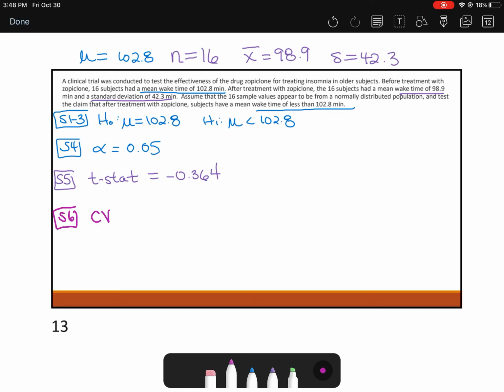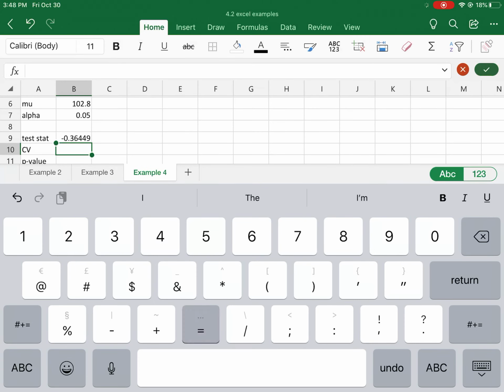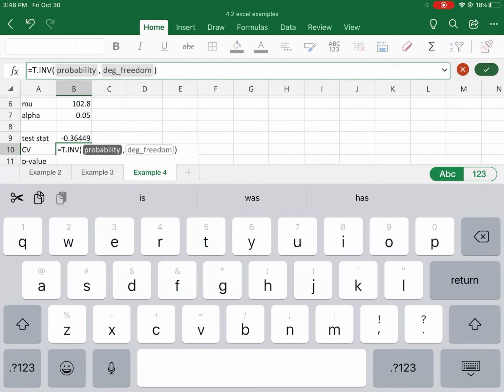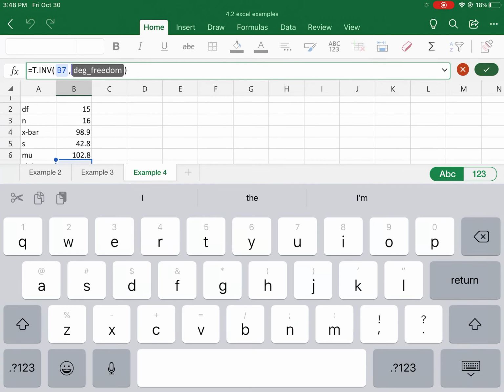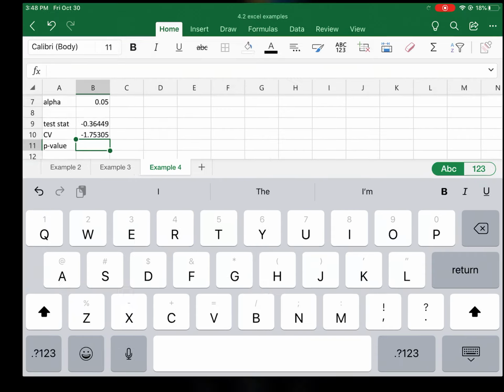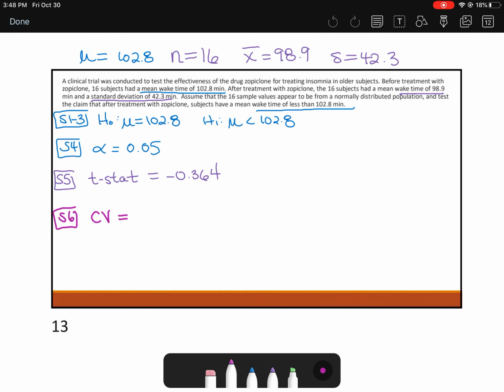Step 6. Okay, so again, I'm going to start with my critical value. Okay, so to find that, it's equal to my t inverse. Okay, and again, I have my alpha, and then my degrees of freedom. Okay, so I get negative 1.753.